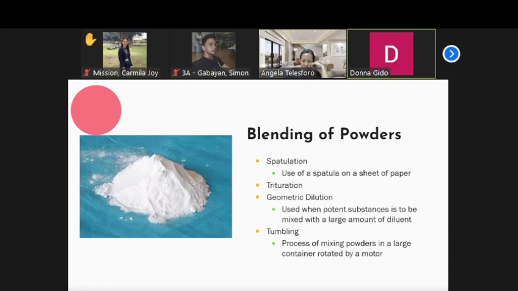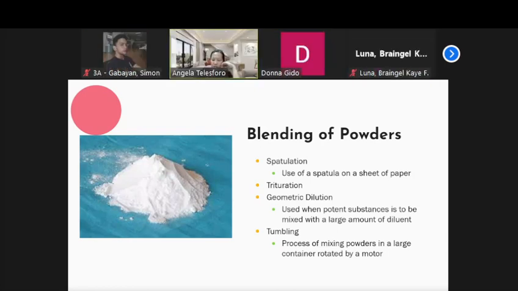Blending is mixing of powder po. Okay, blending is mixing. Gang, raise your hands because I have difficulty reading the chat. Or I will just call on you. Okay, blending of powders, that's mixing. So what are the processes in blending of powders?